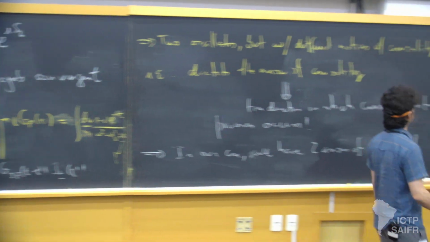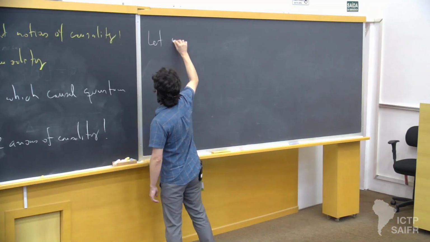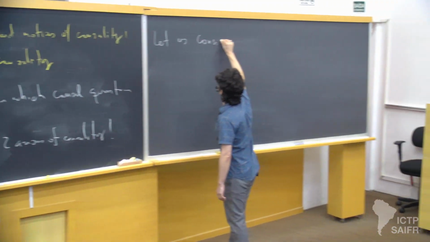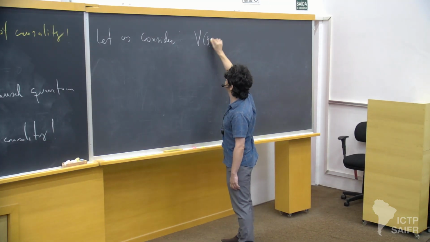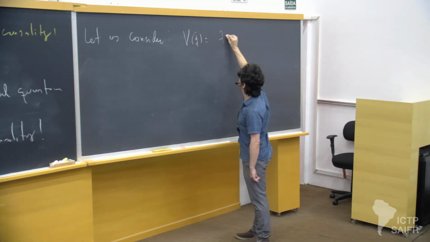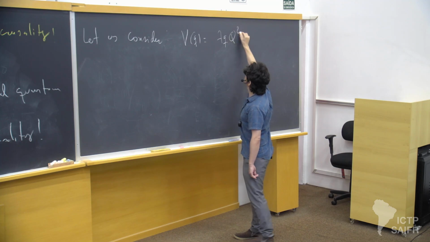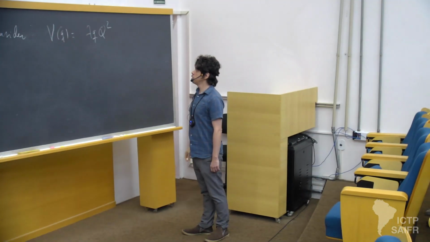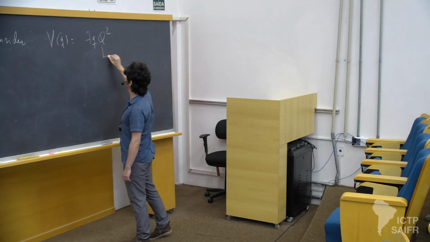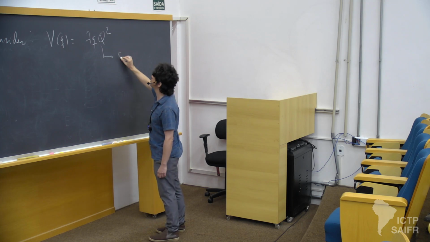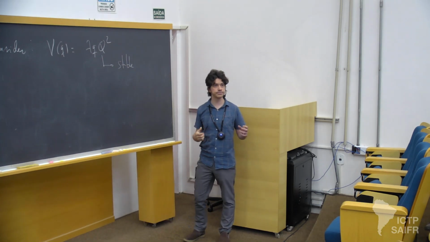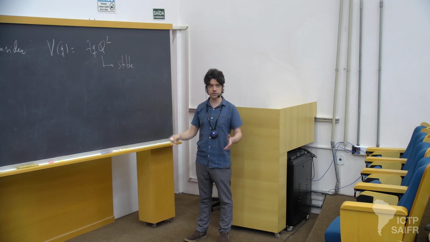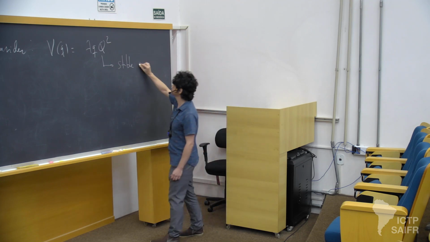So let us consider a given potential, which I'm going to write in this way. You might interpret Q as being an unstable oscillator. Let's put it this way, it's not a damped oscillator.